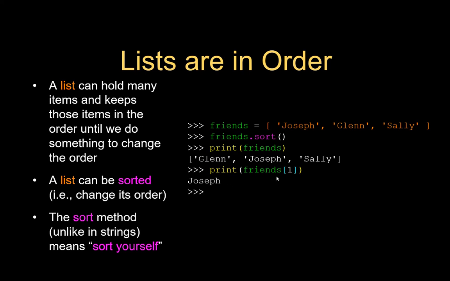But if we did the same on our original friends list, we would get Glenn. So when we sort this list, we get new positions, and that goes back to the mutability of our list, which means that we can modify the order of the values within the list.